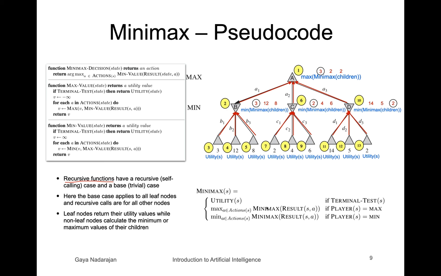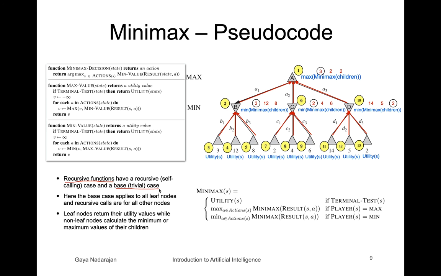But if you think about this, if you keep having this function calling itself, you might get stuck in an infinite loop. So for every recursive function, there must be a base case, okay? A base case is also called a trivial case. So in which case you have reached a very basic level in your function, and you can terminate.